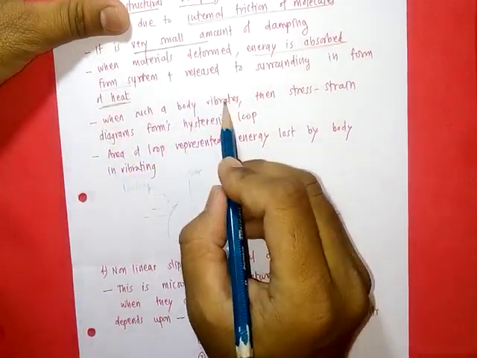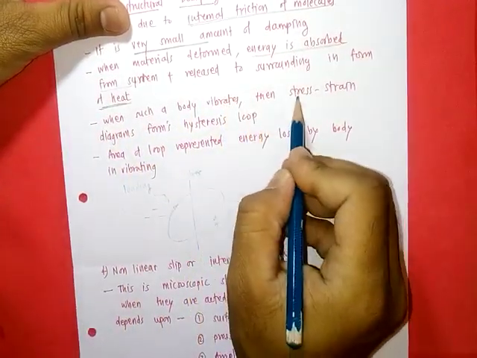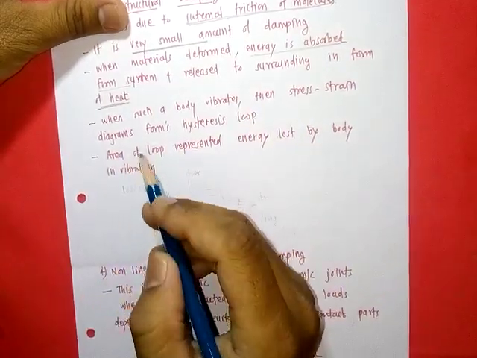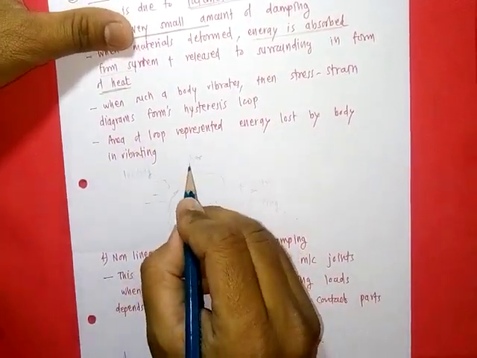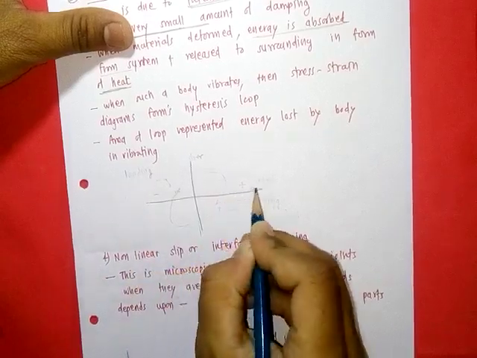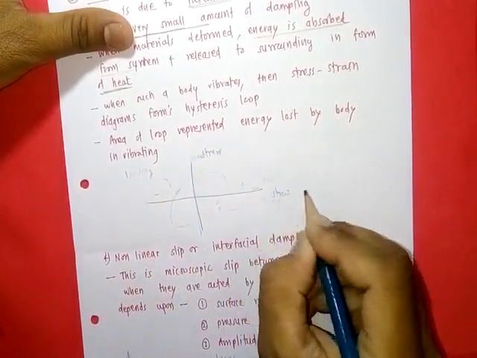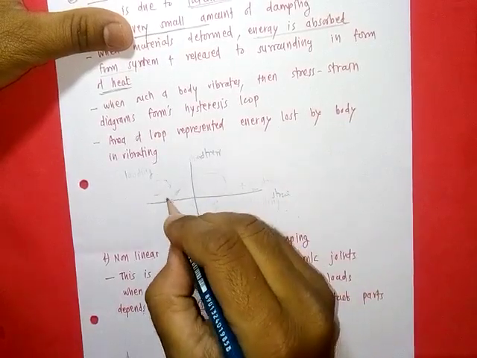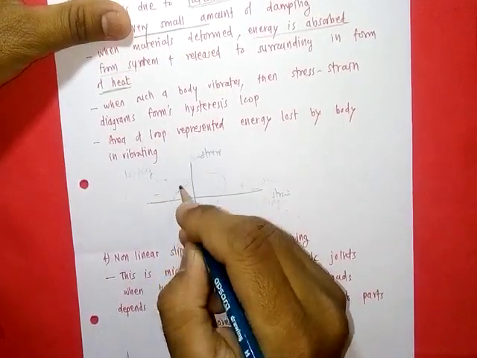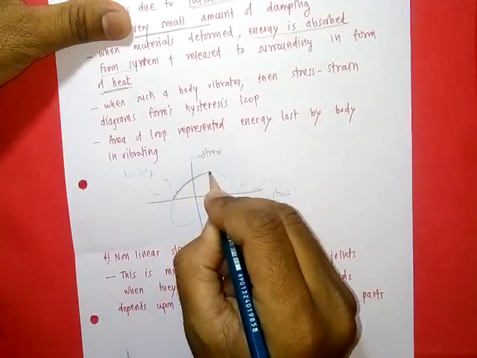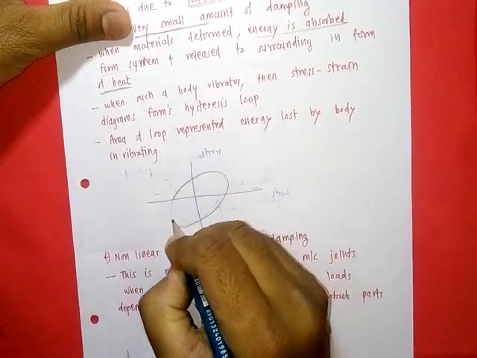When such a body vibrates, the stress-strain diagram forms a hysteresis loop. If we draw the stress versus strain diagram for such compounds or substances, then they form a loop.